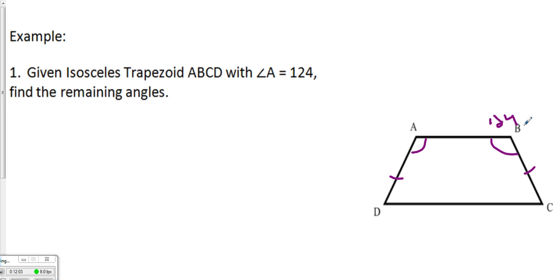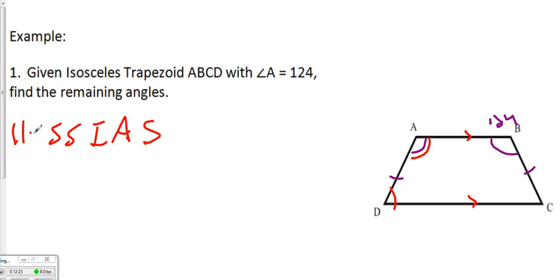So B is 124. Now because this is a trapezoid and these are parallel, we know that this angle and this angle are same side interior angles. And same side interior angles, when it is parallel, are supplementary.